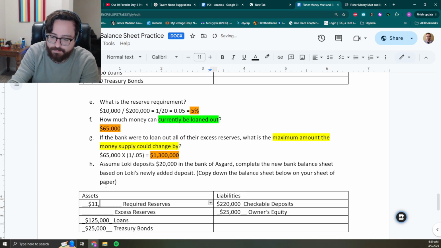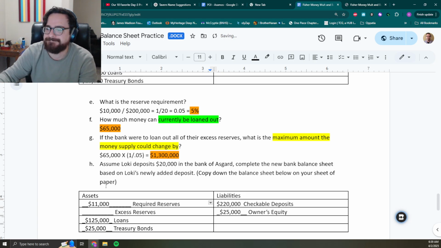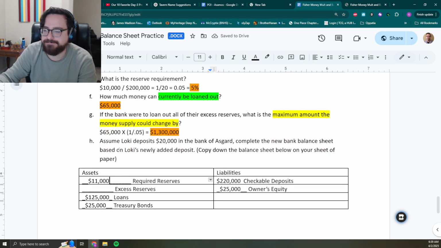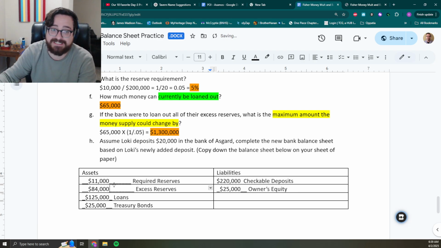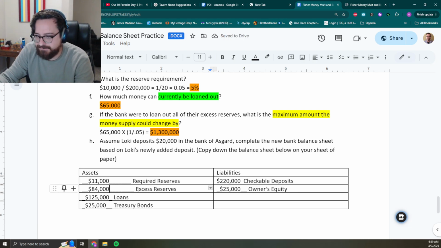So I'm going to add 1,000 to the 10,000 that was already there. That's why this is 11,000, because 1,000 of that 20 the bank has to hold on to, and the remaining 19,000 of this $20,000 deposit gets added to the excess reserves, which were 65,000, and 65,000 plus 19,000 is 84,000.